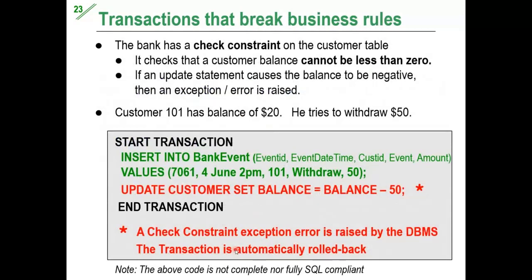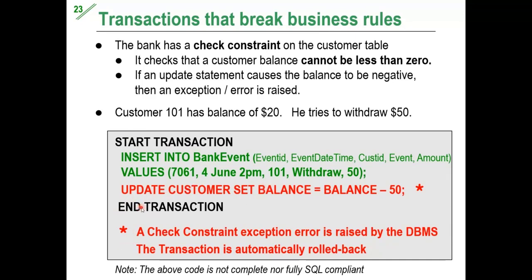So how are we actually going to implement that in the database? This is how we write the programming code. Now this is actually not fully SQL compliant code. I just wanted to show you how we write procedures in the SQL language. So I can say, okay, start transaction, insert into blah blah blah, and then update the customer balance.